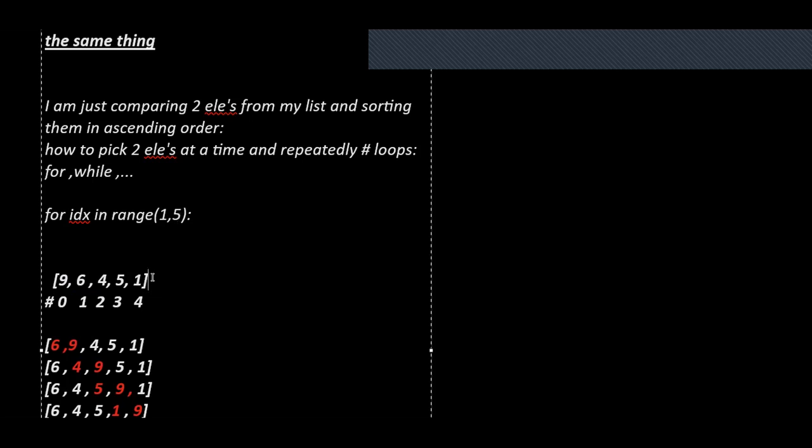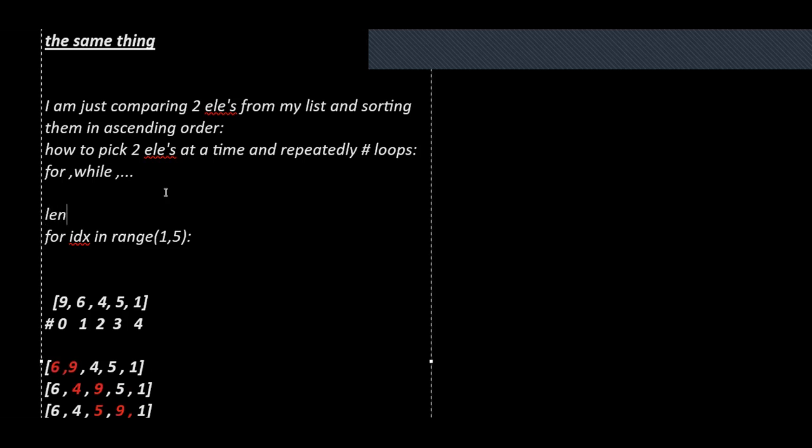Since the length is 5, we are using this. If we have a length greater than 5, or else you can say my list has length n, present in the length of list variable.